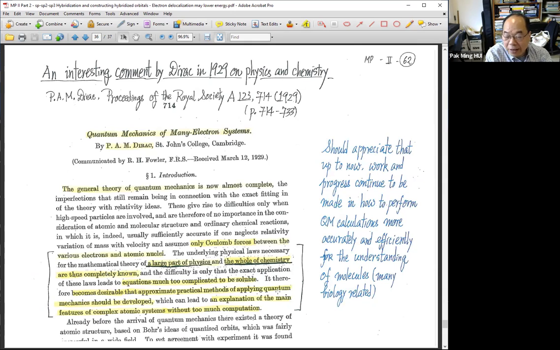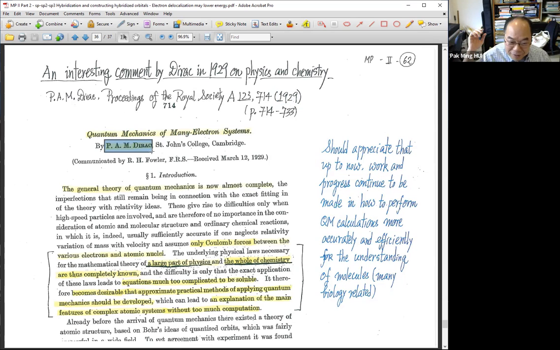So I would like to end this part with a comment I found fascinating and insightful, from a very early paper of Dirac. This is the paper from 1929 by Dirac. Dirac wrote papers by himself. You don't find Dirac and someone, okay?